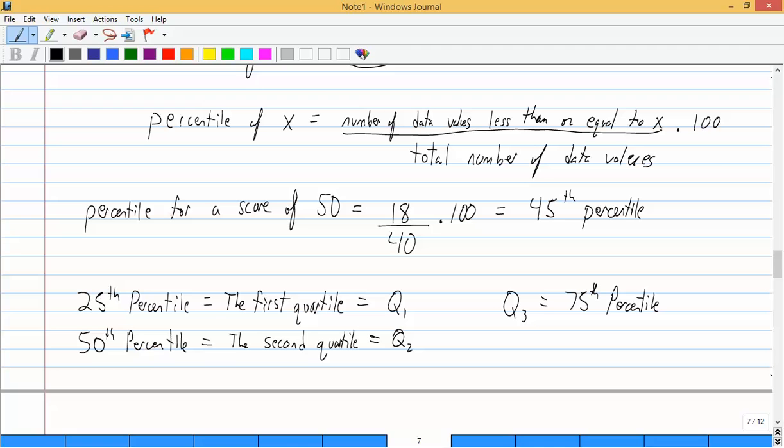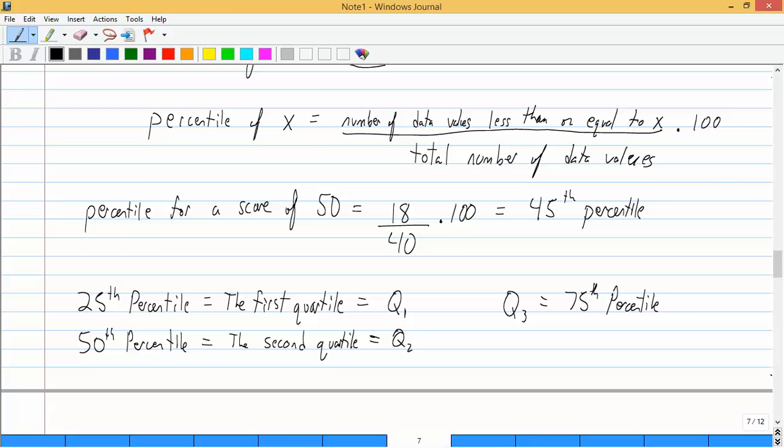And so what does that really stand for? Well, if you find the first quartile, then 25% of the data items will be at or below that value, and 75% will be at or above that value. If you find the second quartile, the median, then 50% is equal to or below, 50% is equal to or above.